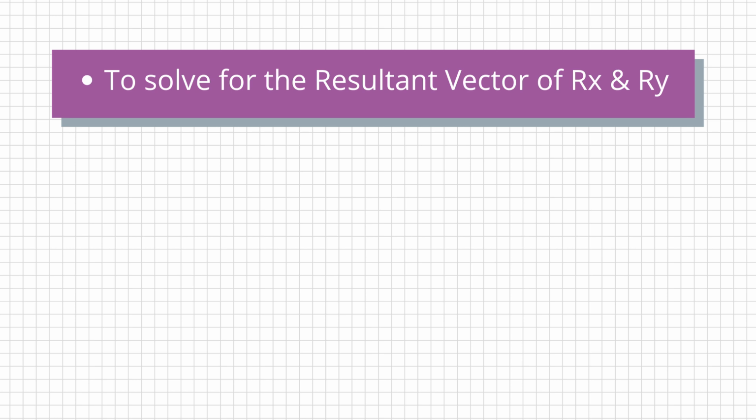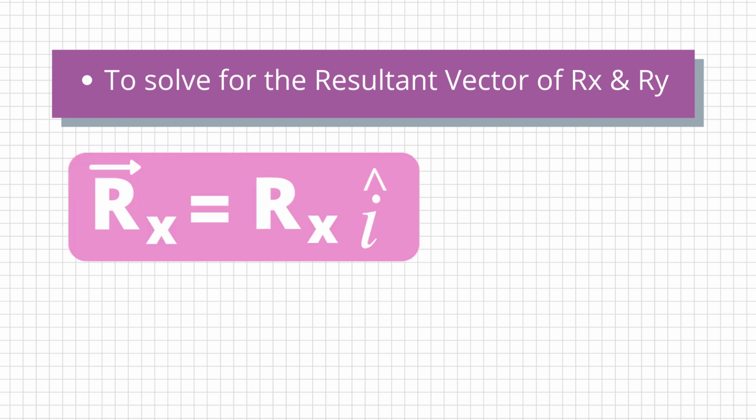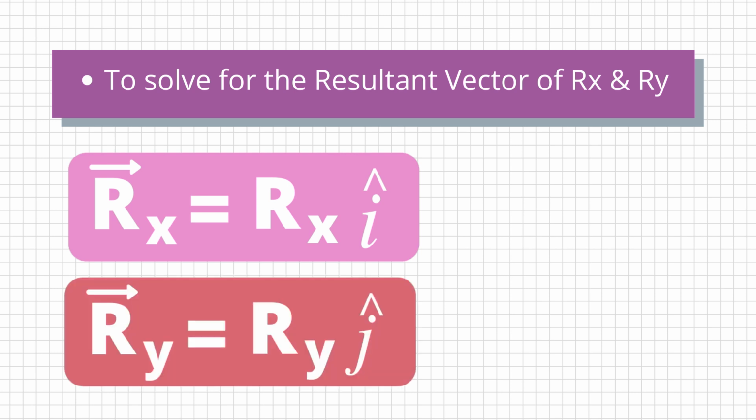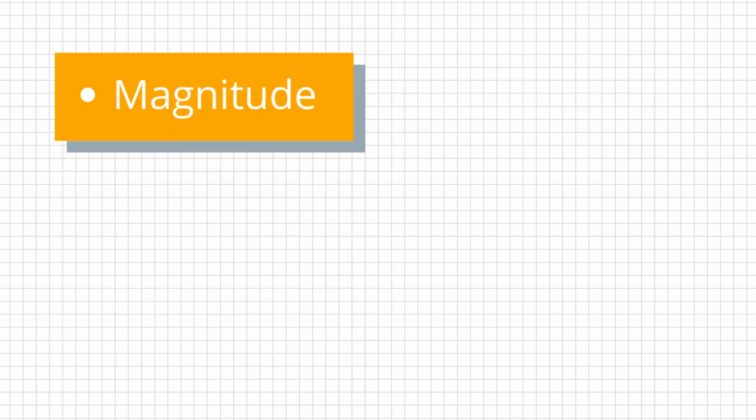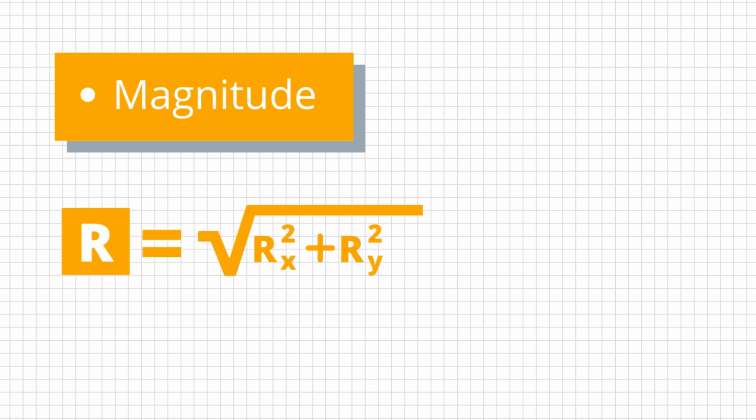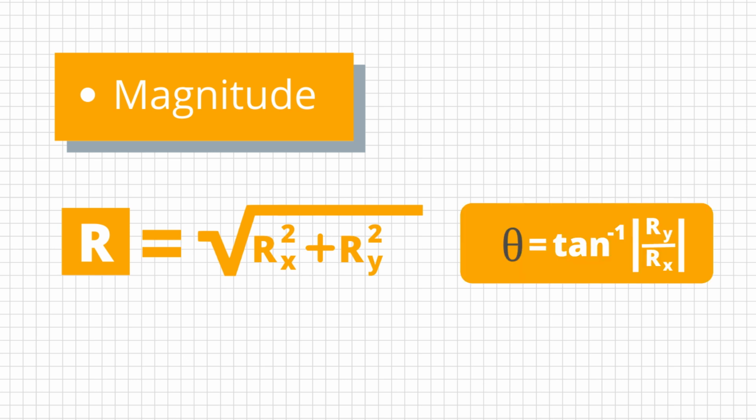To solve for the resultant vector of R sub x, vector R sub x equals R sub x i hat, and to solve for the resultant vector of R sub y, vector R sub y equals R sub y j hat. For the magnitude, R equals the square root of R sub x squared plus R sub y squared. Theta equals tangent inverse of the absolute value of R sub y over R sub x.